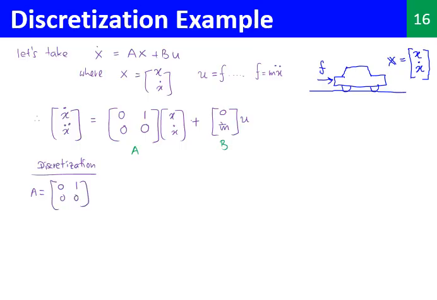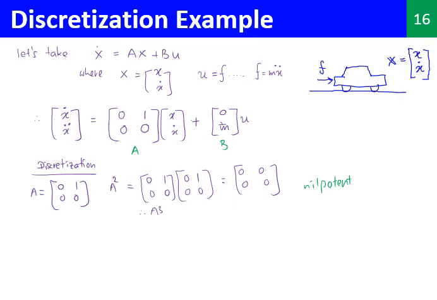Okay, and by the way, let's check what is A square. So I have 0, 1, 0, 0 times 0, 1, 0, 0. Now if we multiply these two, you will realize we will get 0, 0. Okay, now this is actually called a nilpotent matrix. And the good thing is after that A3, A4, everything will become 0.